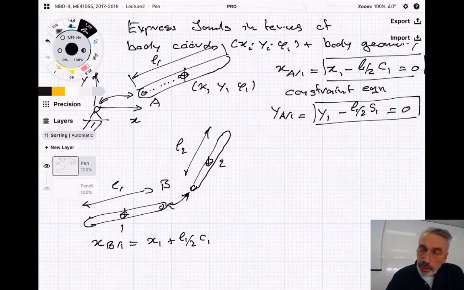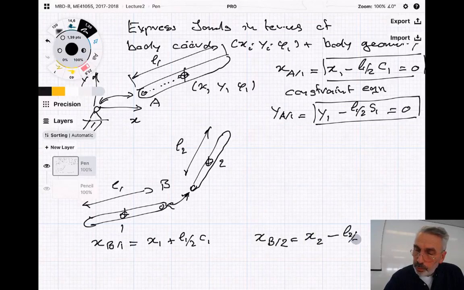And if we calculate the position of B in the x direction starting from body 2, that is x2 minus L2 over 2 cosine phi 2. Then actually these two should be the same. They should be identical, yeah? Or in other words, we say this xb1 should be xb2.